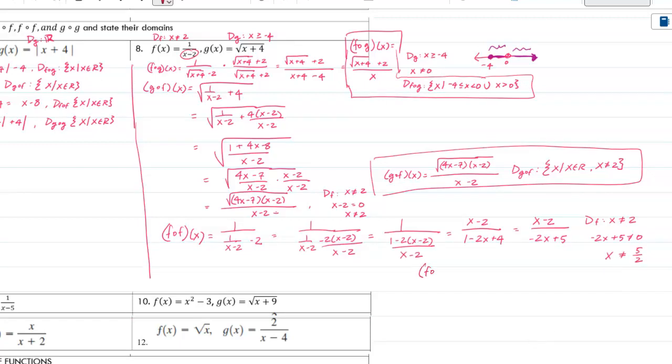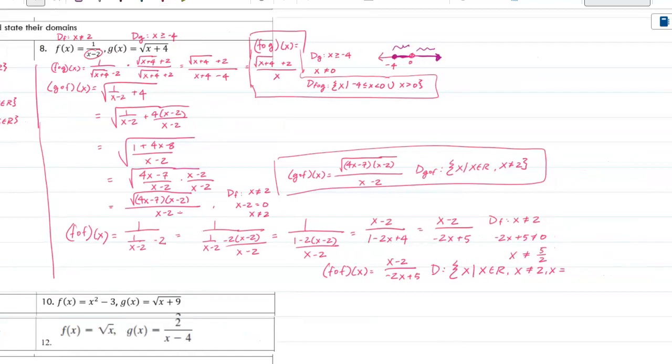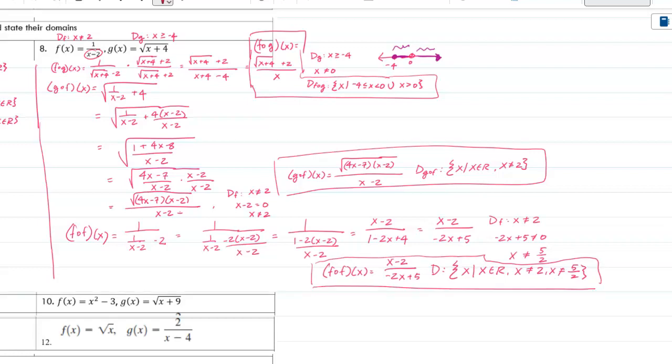So f of g of x was x minus 2 over negative 2x plus 5. And the domain of this function is x such that x is an element of all real numbers, x cannot be 2, and x cannot be 5 over 2. Okay.